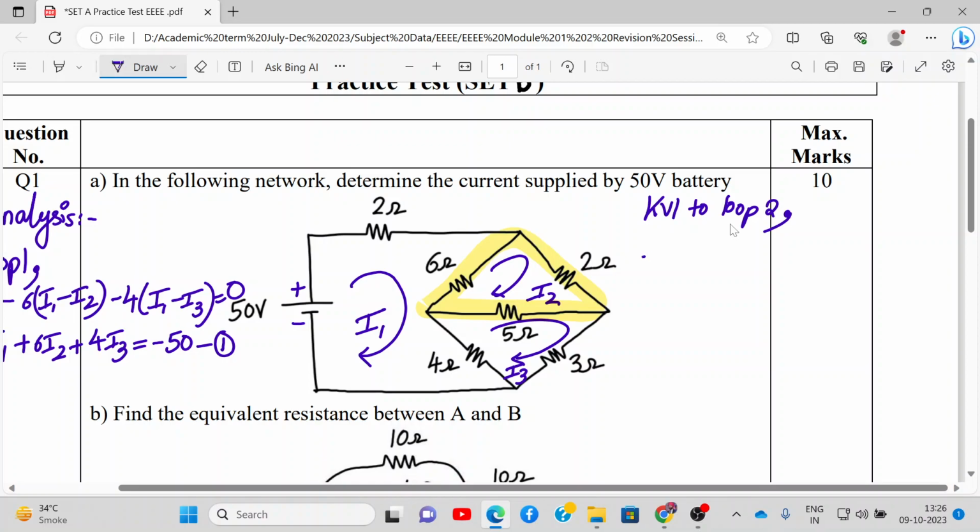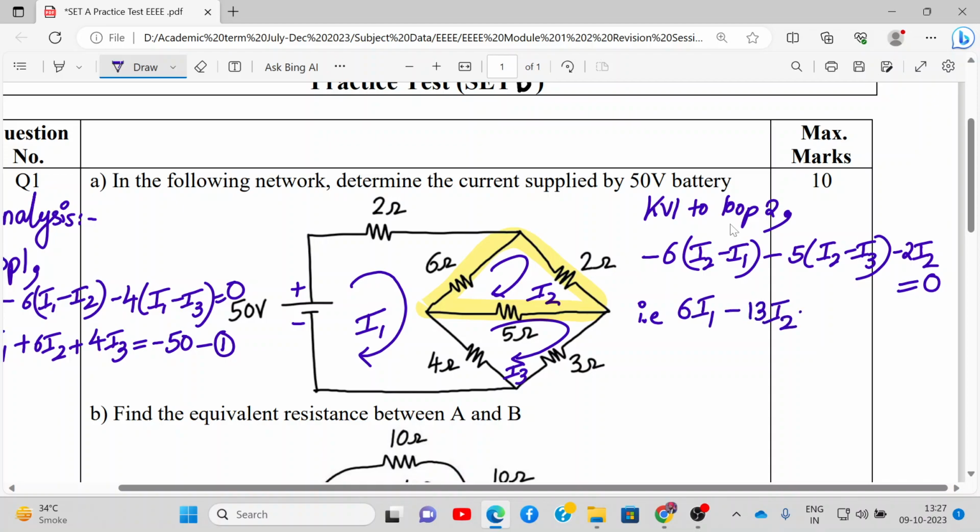So we can write minus 6 (I2 minus I1) minus 5 (I2 minus I3) minus 2 I2 is equal to 0. We club the terms together and we get 6 I1 minus 13 I2 plus 5 I3 is equal to 0. Let's call this equation number 2.